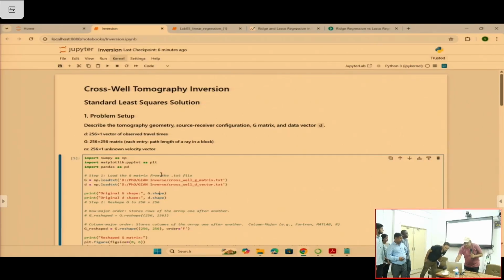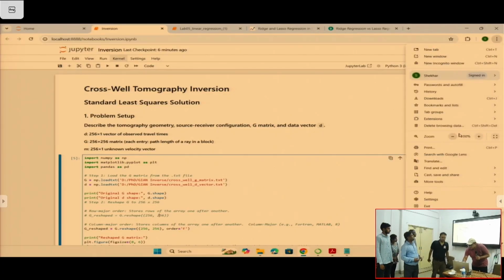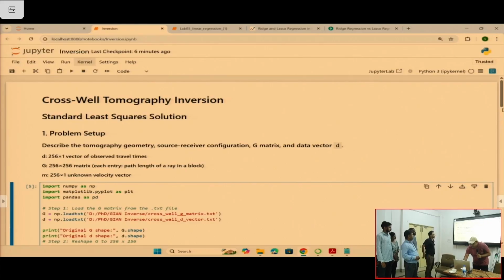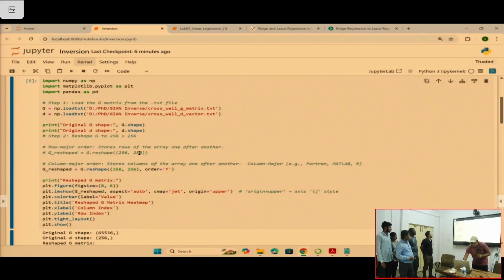And we try to print the shape of the G and the D matrix. It was coming to 65536.